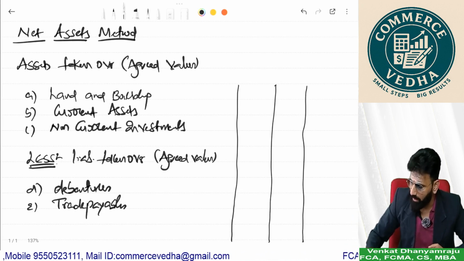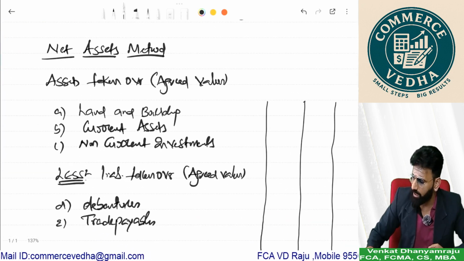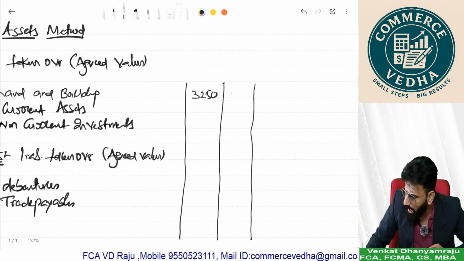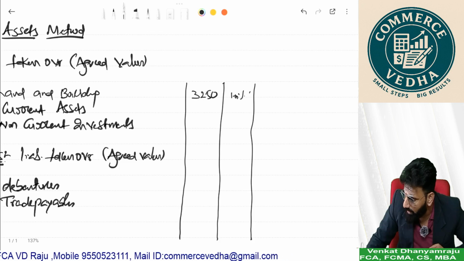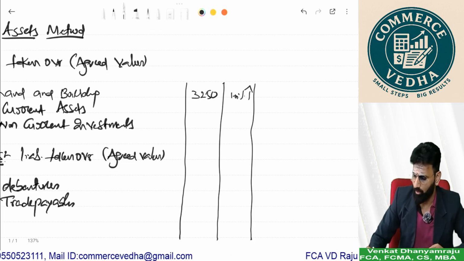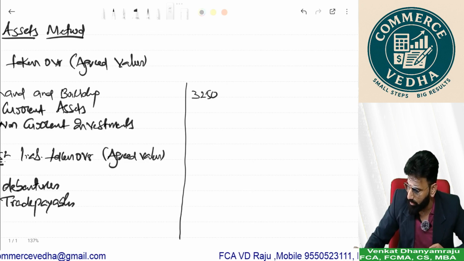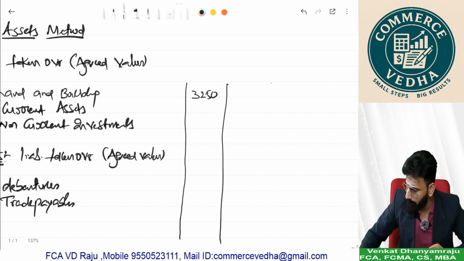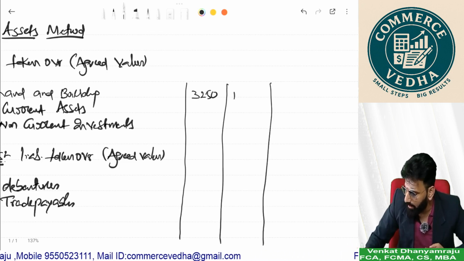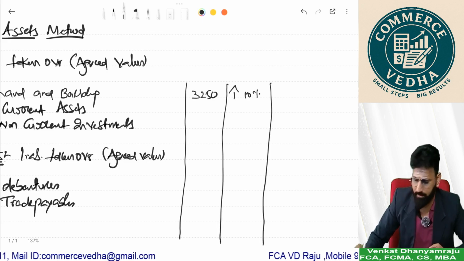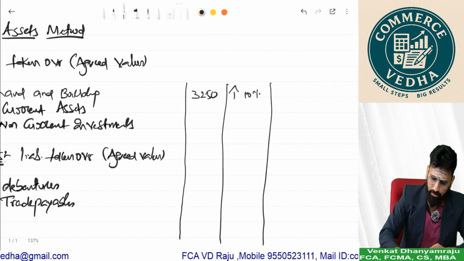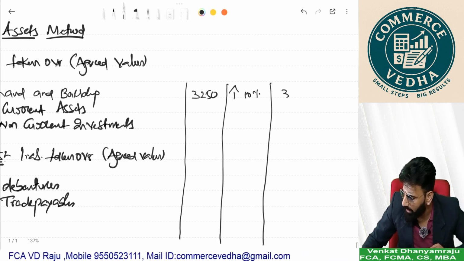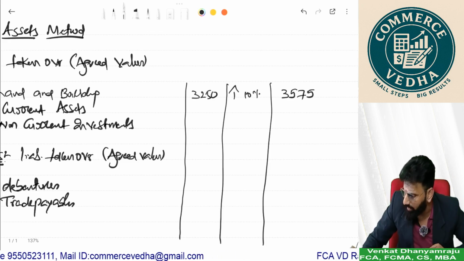Now land and building, the book value here is 3250. They added 10%, so the 3250 you should increase by 10%. So the value is 3250 into 110%, we get 3575.